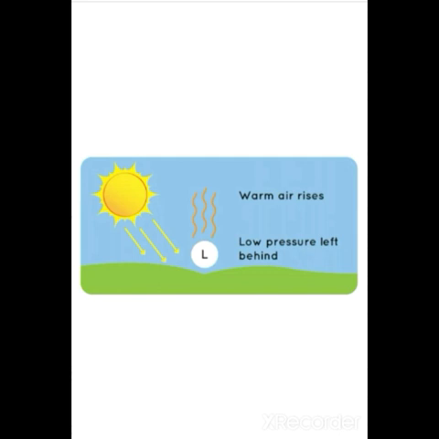This lighter air in the vicinity of the Earth's surface starts moving up towards the sky. As a result, the air pressure in such areas decreases.